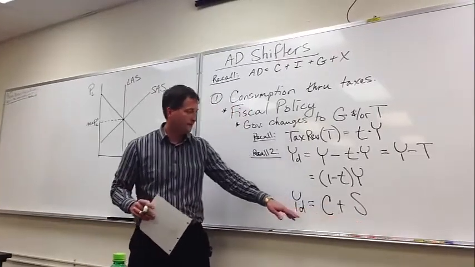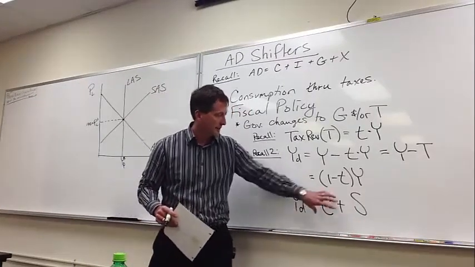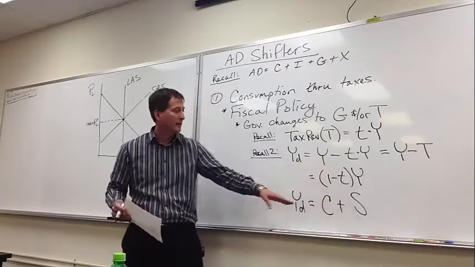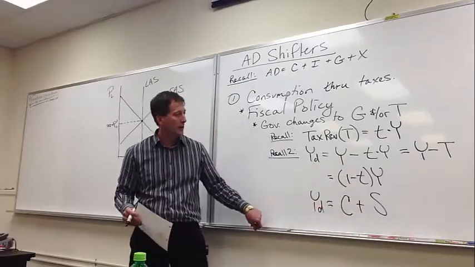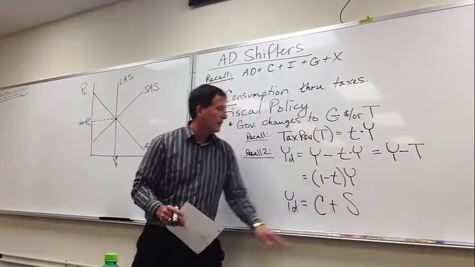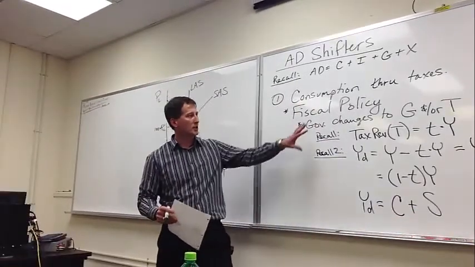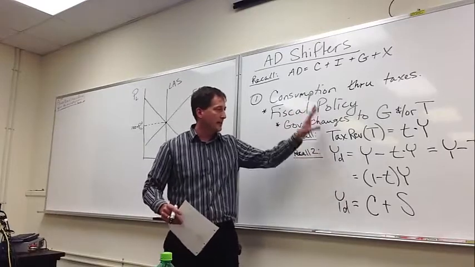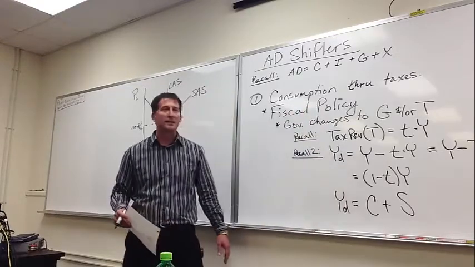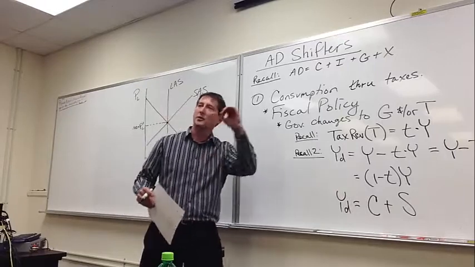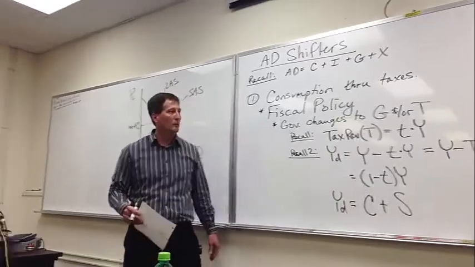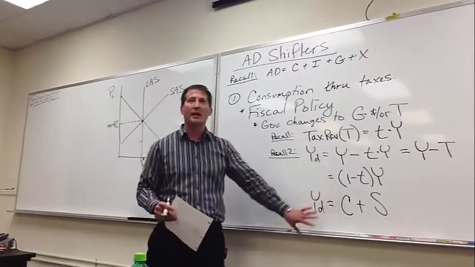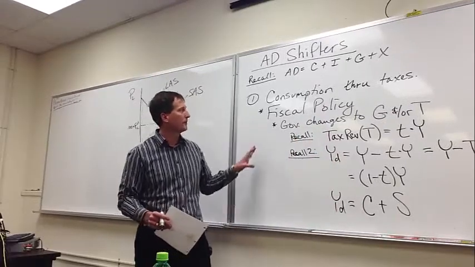I could be consuming foreign goods or American goods, but it's kind of combined into here: consumption plus savings. All right, so those are some important formulas to keep in the back of my mind. I'd say even just memorize them for the next test, and memorize them now so that when we get into a few more models in the upcoming chapters, you have those right off the tip of your tongue.